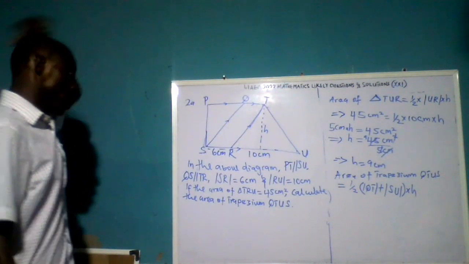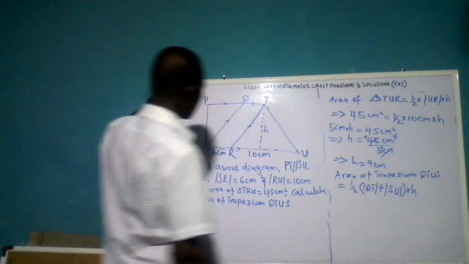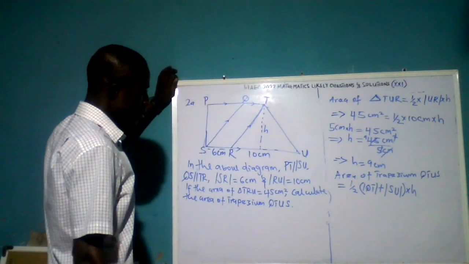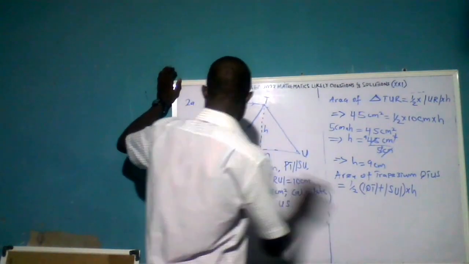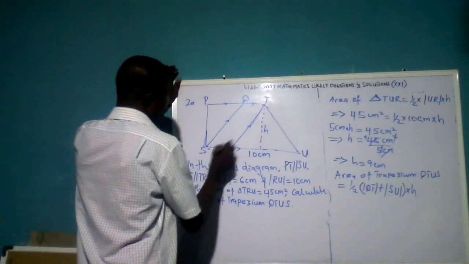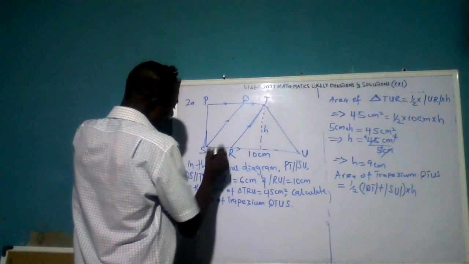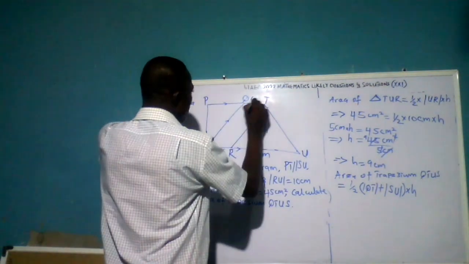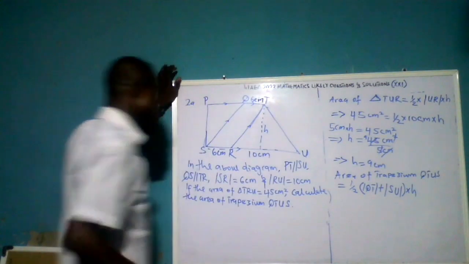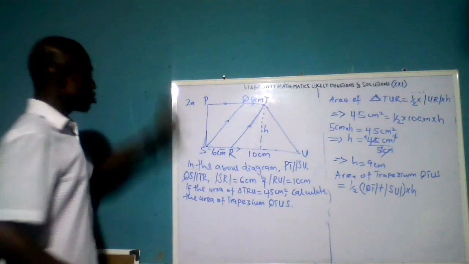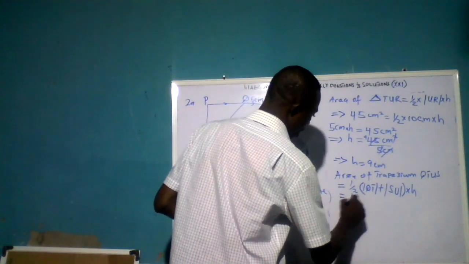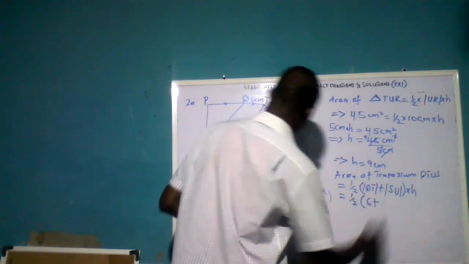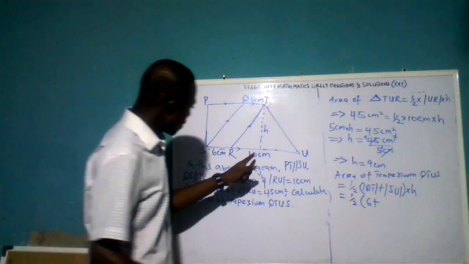Now, we are given this. If here is parallel to here, and this line is parallel to this, it means that if here is 6 centimeters, here too is 6 centimeters. Take note of that. So therefore, you have half of 6 centimeters plus 6 centimeters plus 10 centimeters.